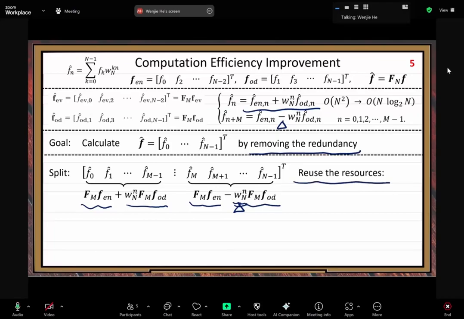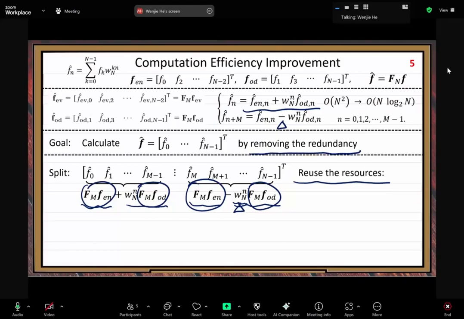Now, what's the resource? Your computation results, your intermediate computation, these two vectors, your intermediate computation results, that's your resource. Because you need to spend your precious time to calculate the intermediate results.